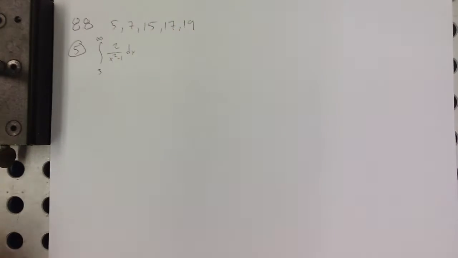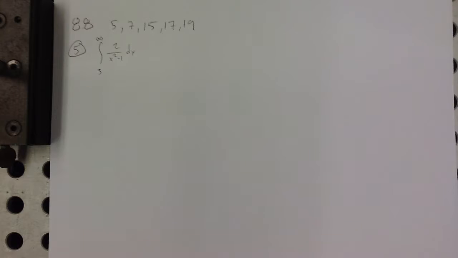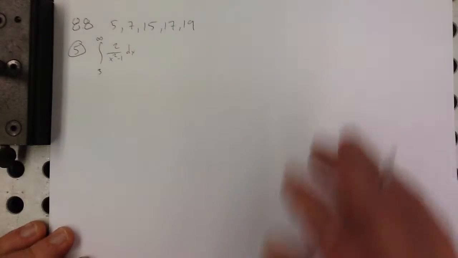dx. A popular wrong move here is to say, oh, that's just the antiderivative of that. It's natural log of x squared minus 1, or 2 times that. But it's not. That wouldn't work if you think about taking the derivative. Do a little scratch work here.